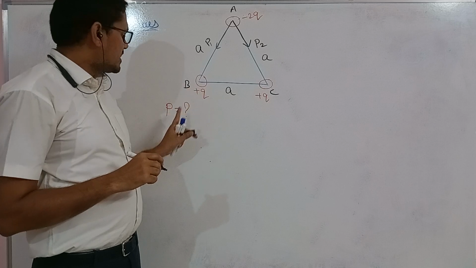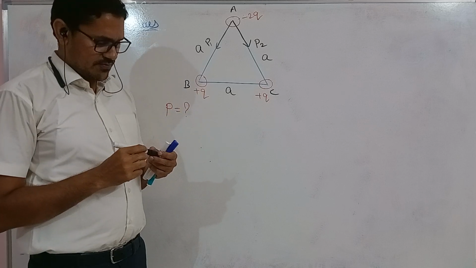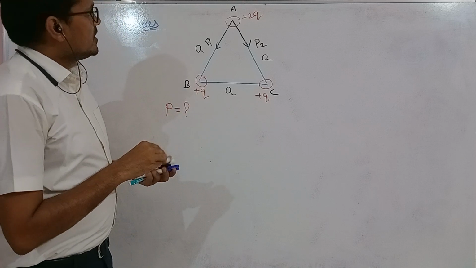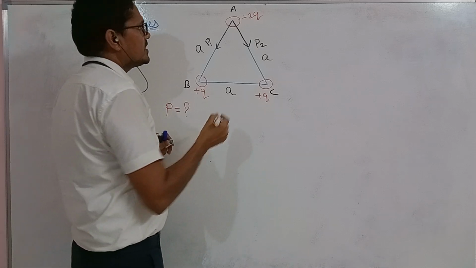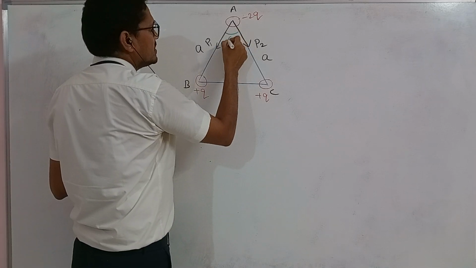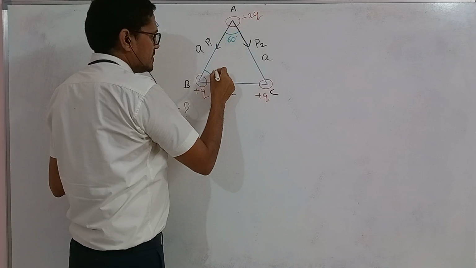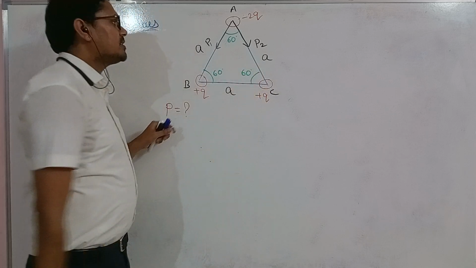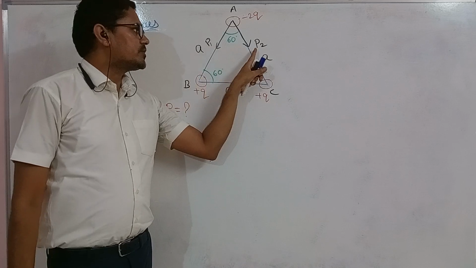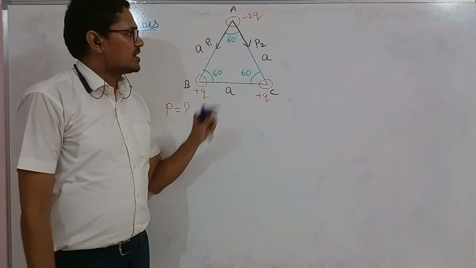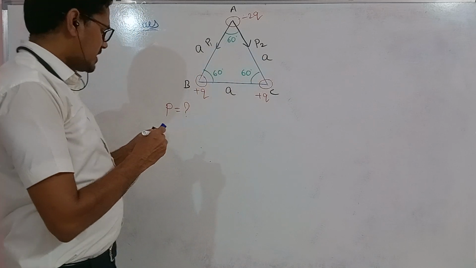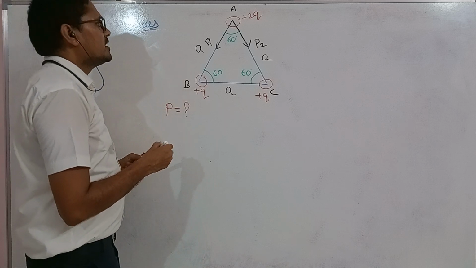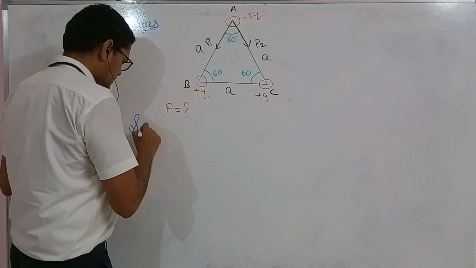I need to find out the net dipole moment, the resultant one. Here we can see that the equilateral triangle makes angles of 60 degrees each. So here we have 60, here we have 60. Now the angle between these two dipole moments would be 60 degrees. For finding the resultant, we will apply the vector method.